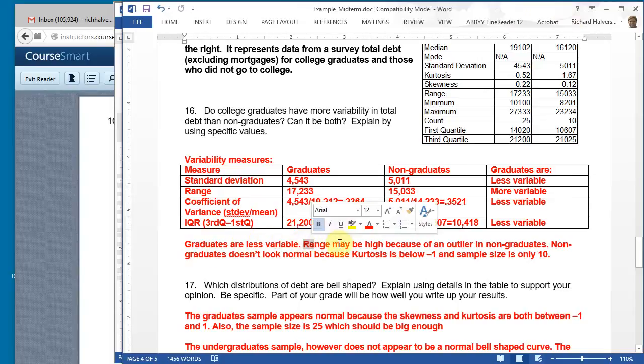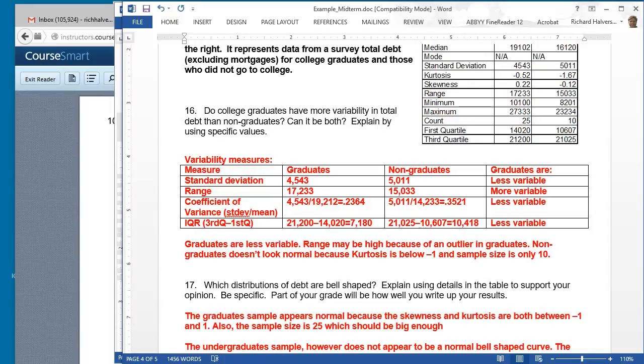To explain, the range may be high because of an outlier of non-graduates. I think this logic is wrong here, because it should be an outlier of graduates.